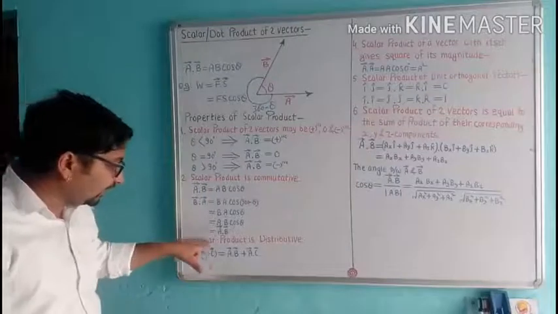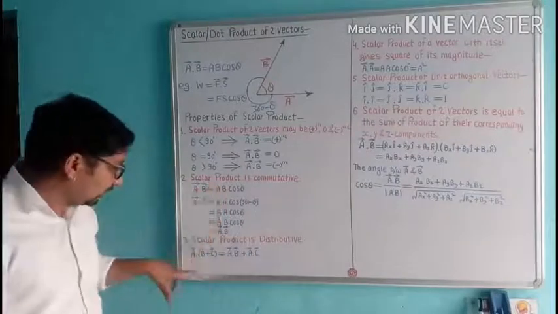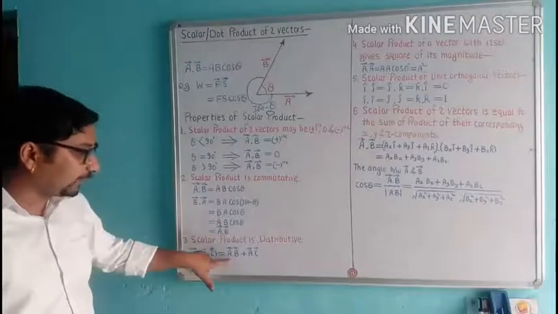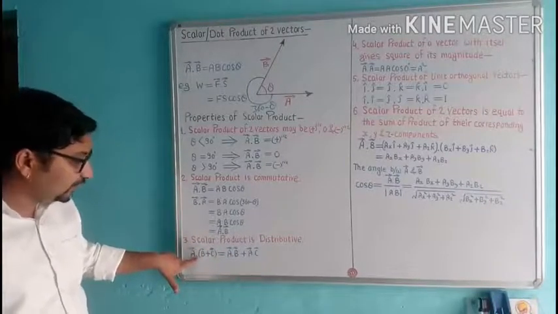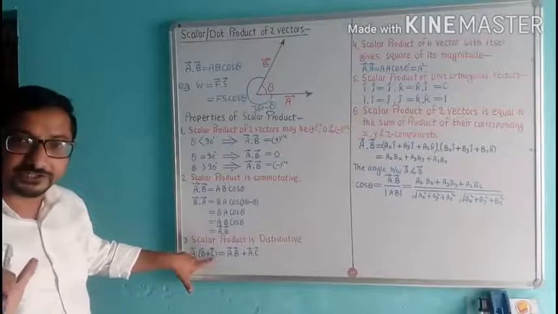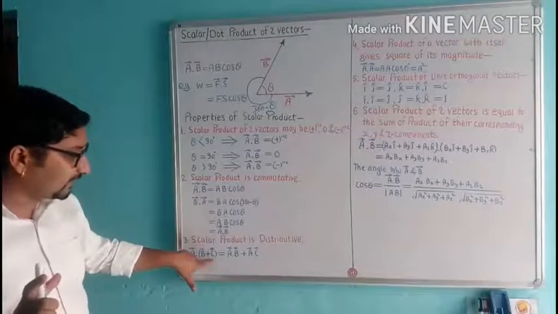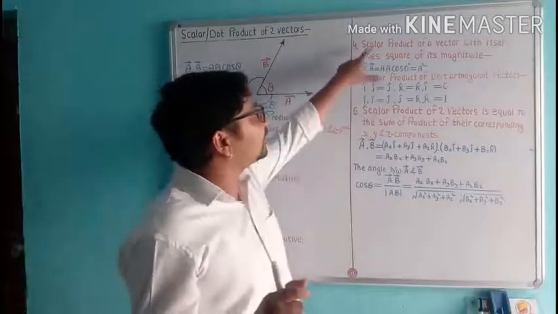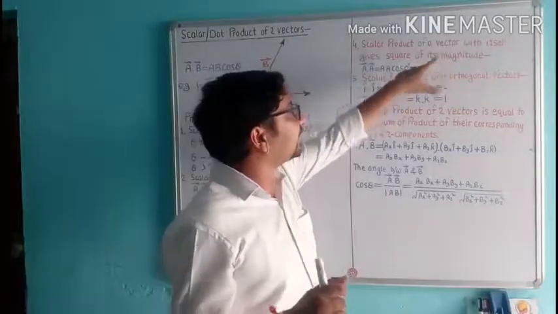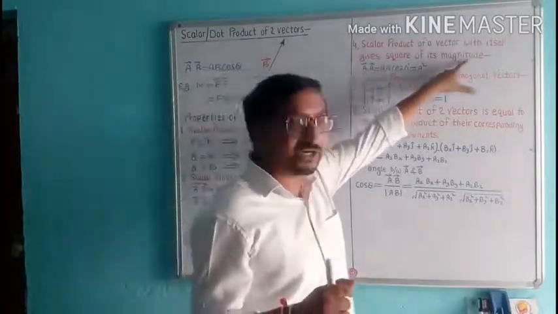Next, scalar product is distributive. A dot (B plus C) is equal to A dot B plus A dot C. This dot product is distributive over the addition of two vectors. Now the next property is that the scalar product of a vector with itself gives the square of its magnitude.